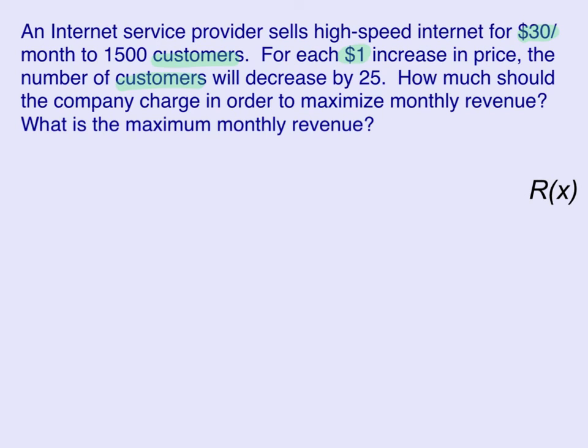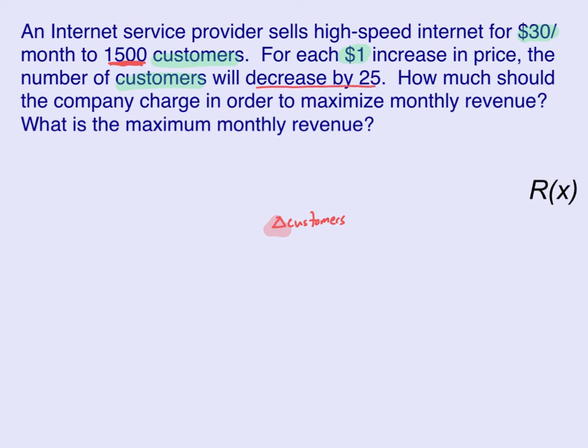And so revenue is based on the price and the number of customers in this situation. So how is the number of customers changing? What is the change in customers? Well, this is our starting value, and it's going to decrease by 25.